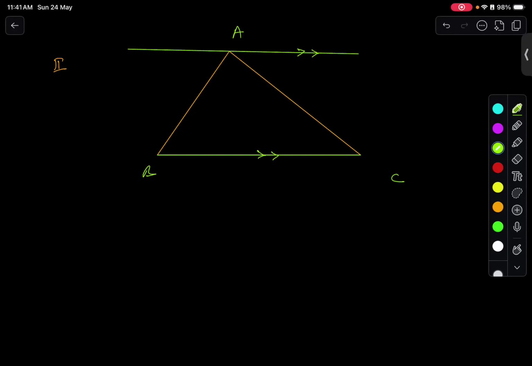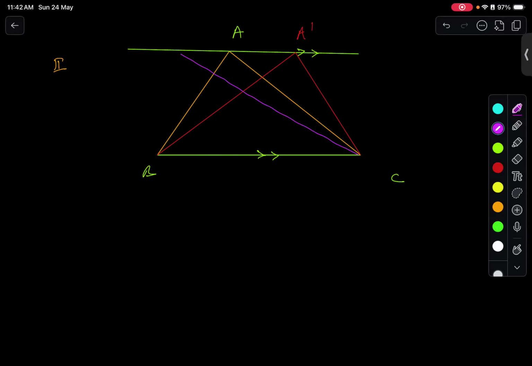Then I can say, if the base is BC and the vertex I'm taking on this line, then the area of the triangle ABC or A dash BC will be equal.